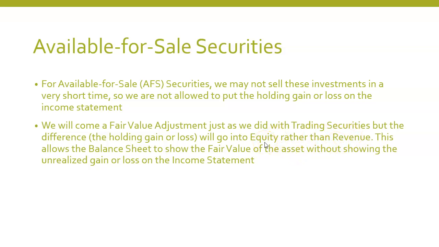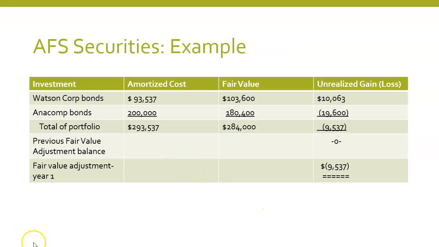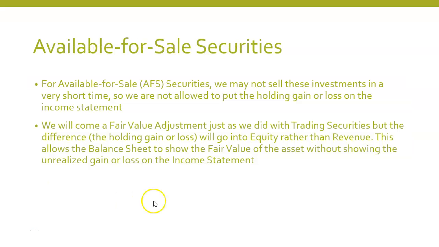At some point in the future, when we actually sell it, then we will put any gain or loss into a revenue or loss account. This allows the balance sheet to show the fair market value of the asset without showing the unrealized gain or loss on the income statement, because we're holding it in this temporary account in the equity section.